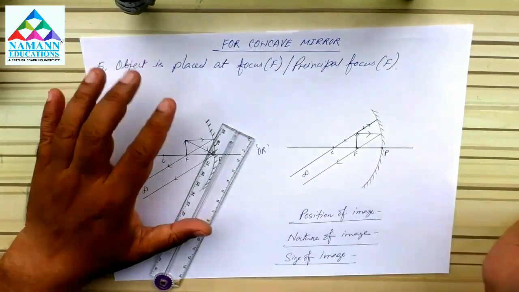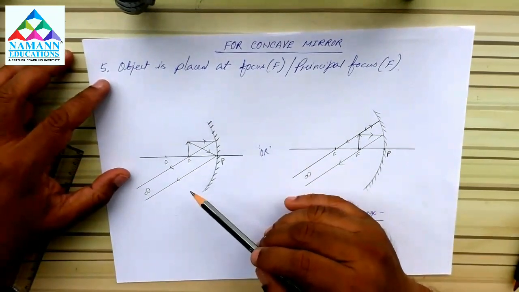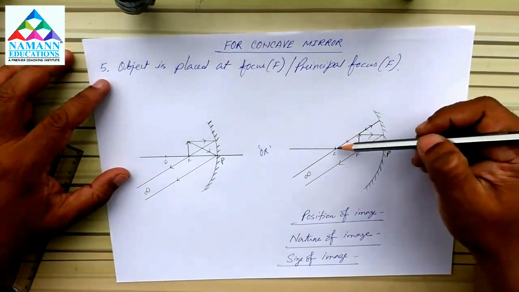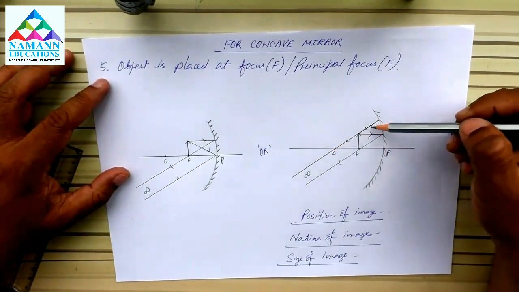So this one, first one, a bit convenient, and second one, there is normal incidence. You have to take care that the light ray should touch these 2 points.